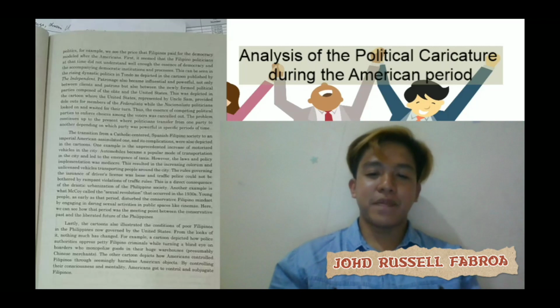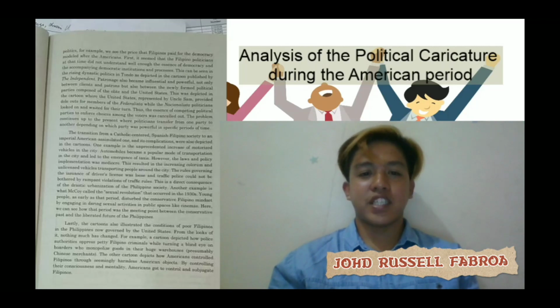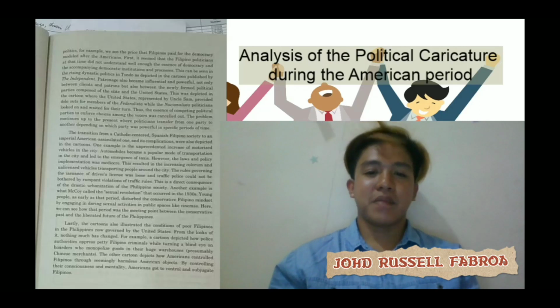Example, yung paglilipat-lipat ng party ng isang politician depende kung sino yung mas malakas o mas powerful. Basta po sa part na to, sa American period, mas malaki yung impact nila sa politics sa ating bansa.